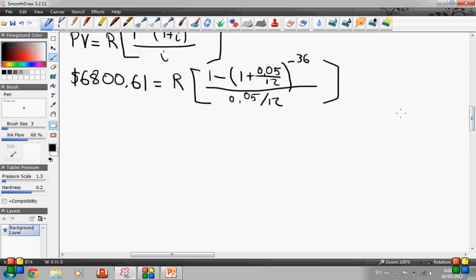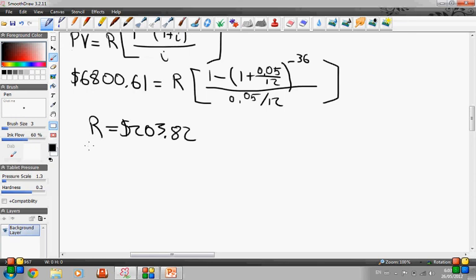So let's solve for R this time. You guys can again follow along with me. I'm going to do this on my own calculator. So 0.05 divided by 12 plus 1, subtracted by 1, to the power of negative 36, divided by 0.05 over 12, and the whole thing divided by $6,800.61 gives me a total R value of $203.82.